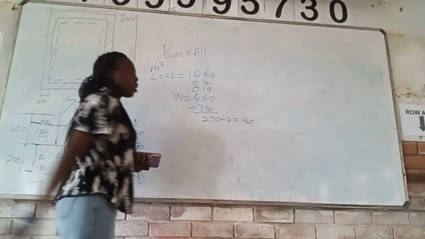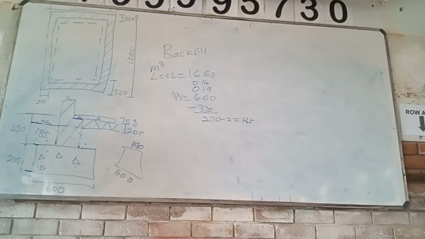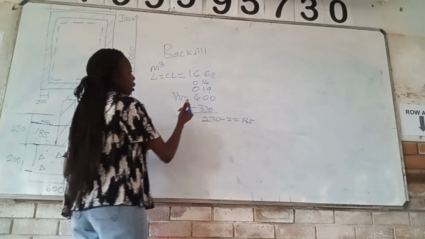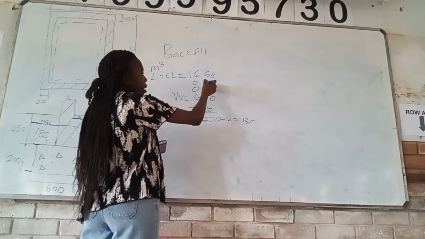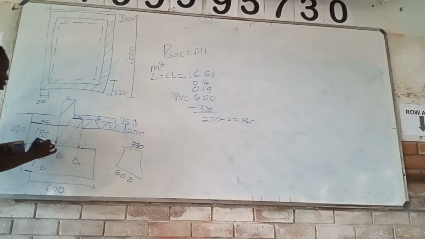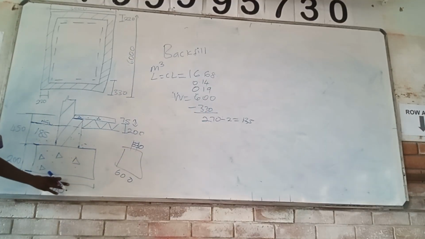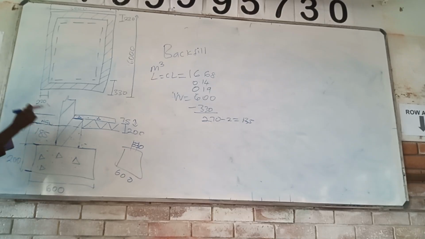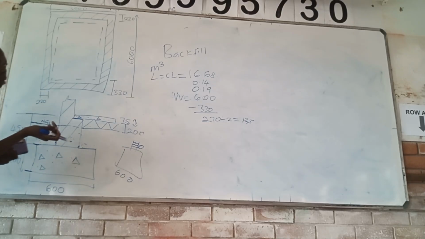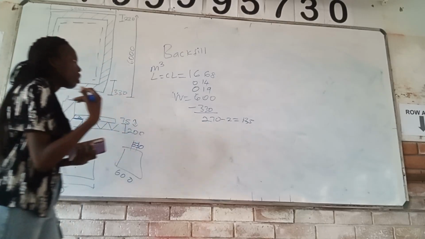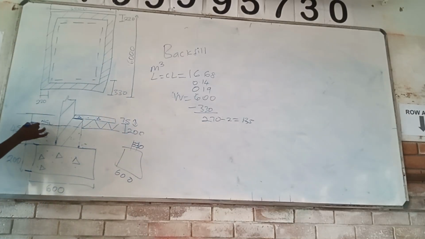And then backfill, how many sides does backfill happen? 2 sides, okay? Length is the center line, the width is this spacing here. So you need to calculate that by taking the width of concrete footing, you subtract the width of the wall again, you then divide by 2. And then the height, backfill is below the natural ground level, and it starts here on top of the footing.